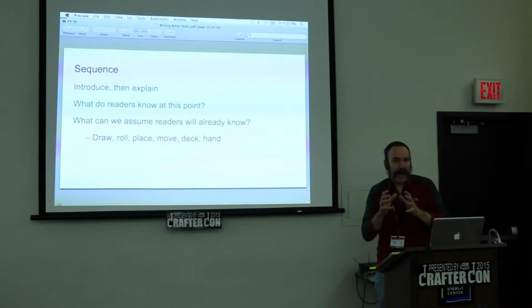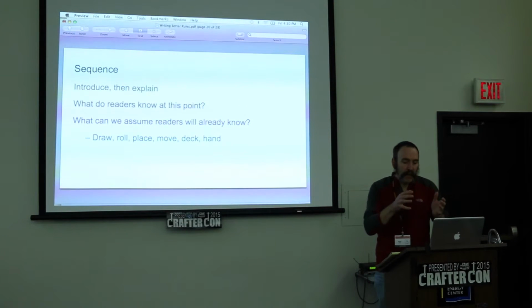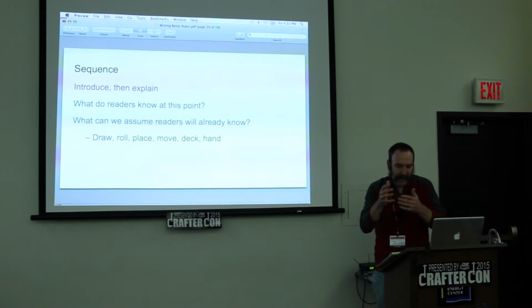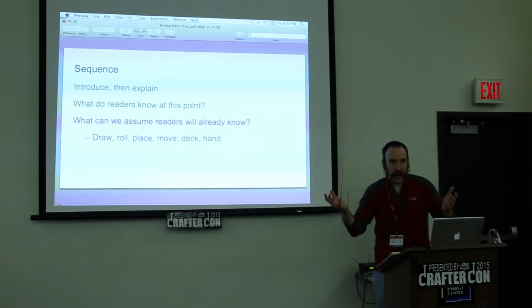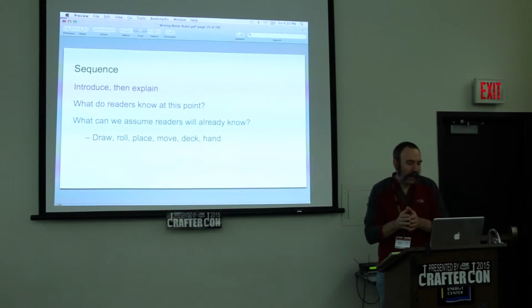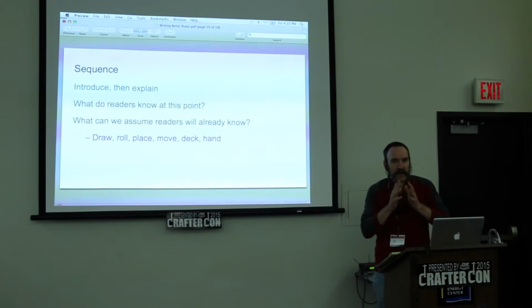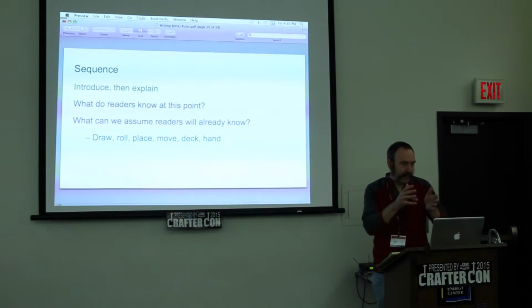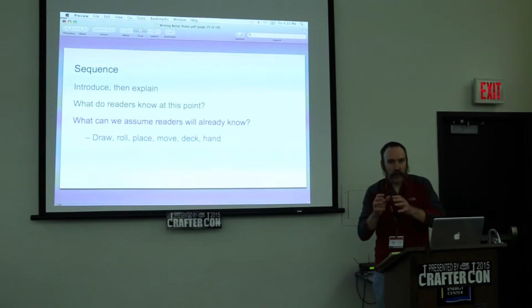If something is explained that wasn't introduced, you need to say, hey, what is this? This just came out of nowhere. You need to keep in mind what the readers know at any given point. So for instance, in the list of components, you don't talk too much about how the auction works.